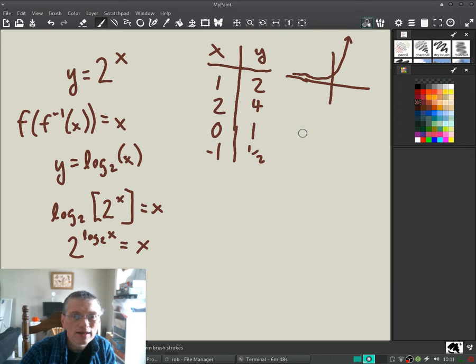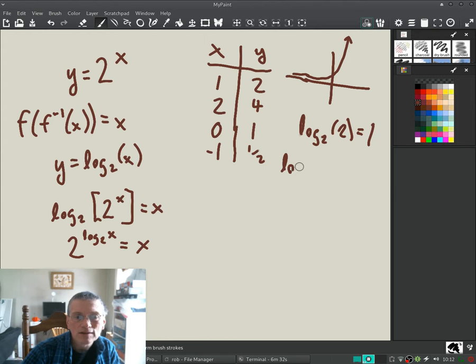So if we had log base 2 of 2, we're going backwards, so we find out what number we have to raise 2 to the power of to get 2. And for that, it's going to be equal to 1. Log base 2 of 4, we're saying what number we have to raise 2 to. 2 to the what equals 4.